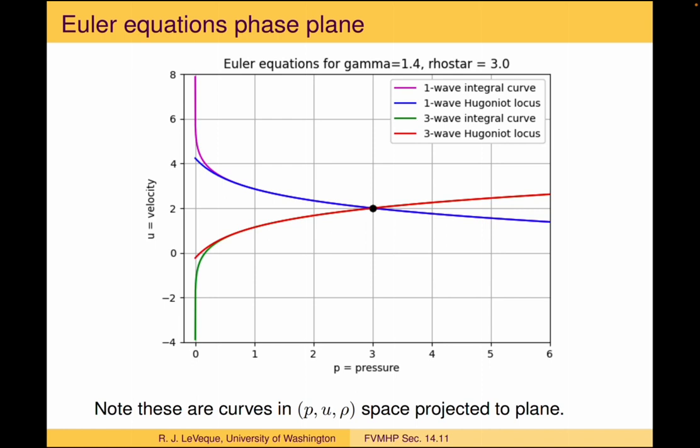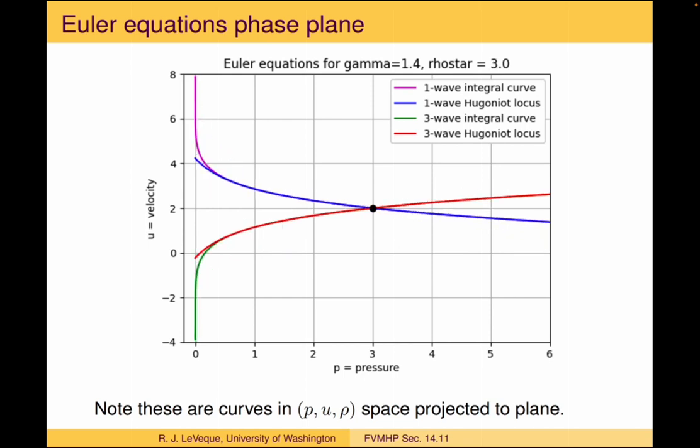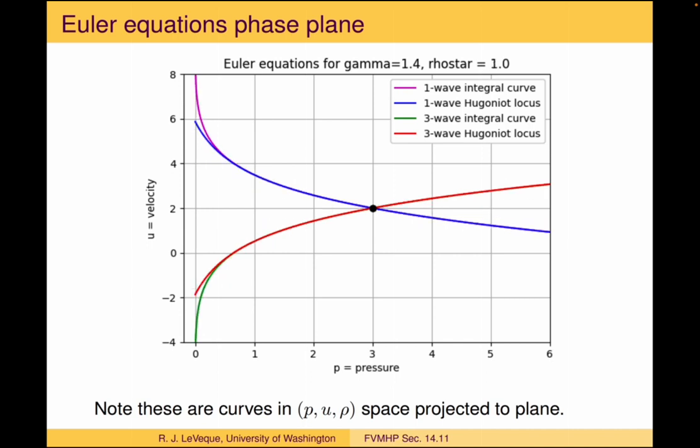So if I change from rho star equals 3 to rho star equals 1, for example, then here's how those curves change. So the curves look different. They both go through the same p equals 3, u equals 2 point, but they're projections of different curves in three-dimensional space because they go through different points in 3D space.